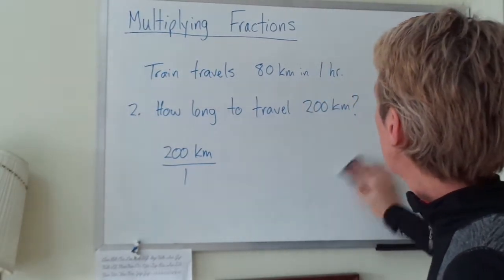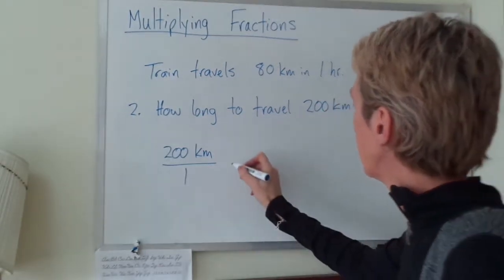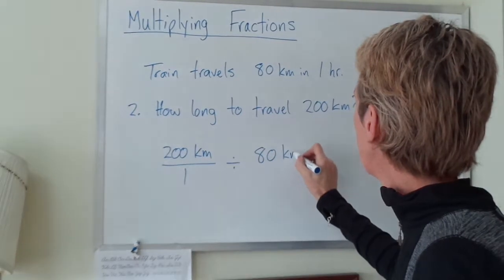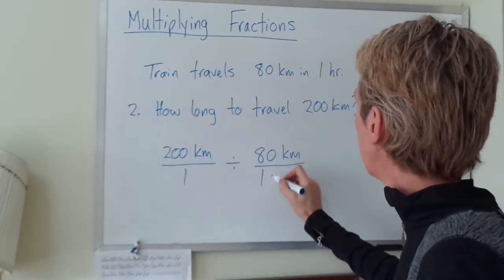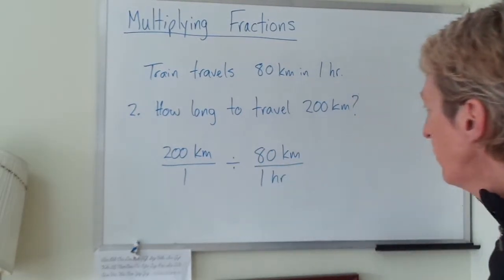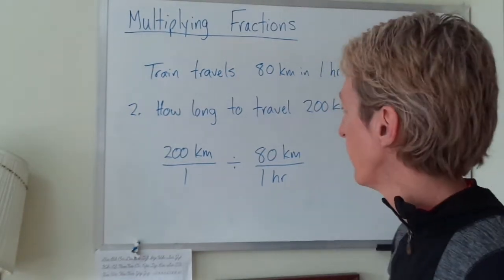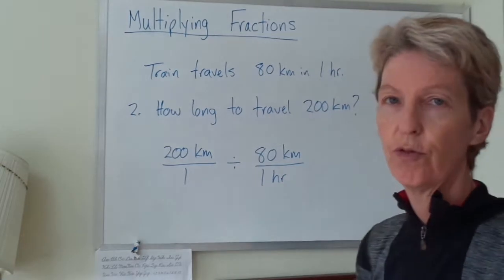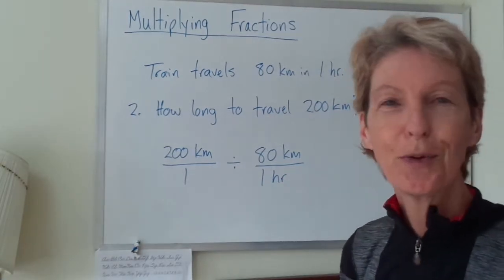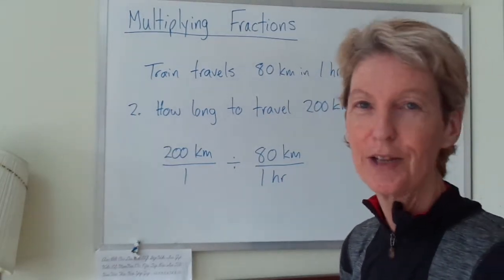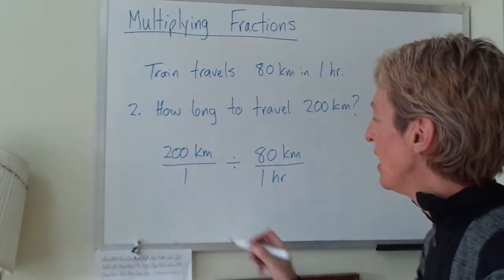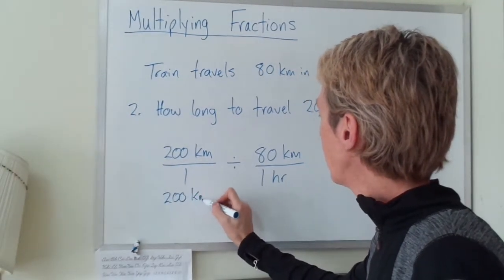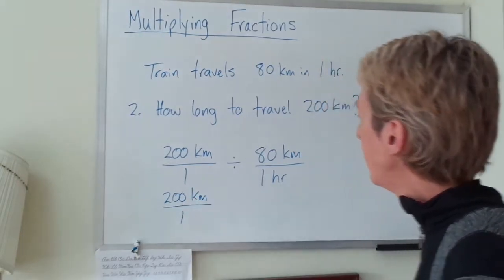What happens if we divide? Let's see if this works. Now, if we have one fraction divided by another fraction, because you've already watched the video on dividing fractions, you know what to do here. So we have our 200 kilometers over 1.